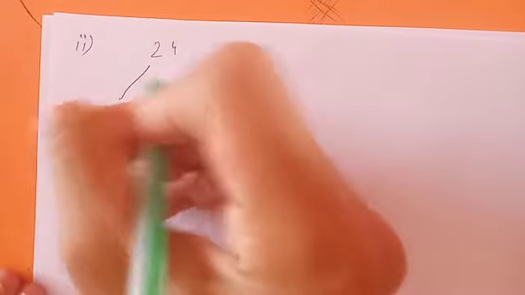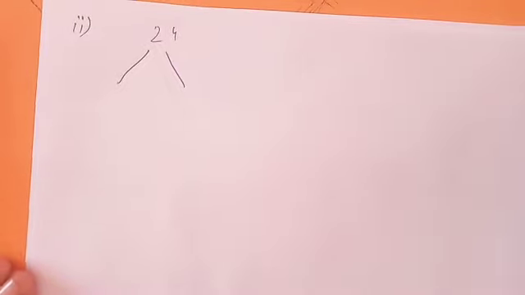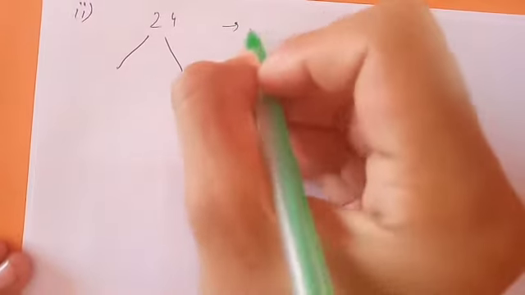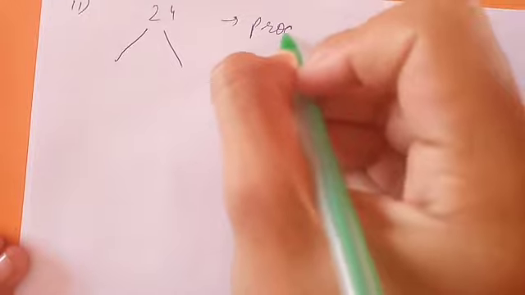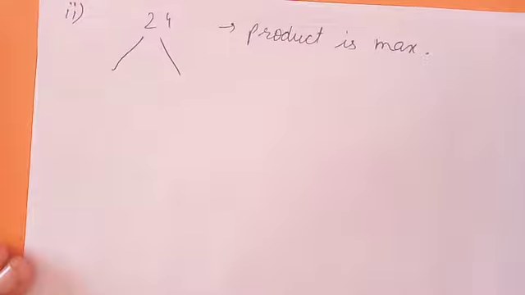Okay, understood. Now the second part is also the same, but it asks: find two numbers whose sum is 24. Two numbers whose sum is 24 means 24 is divided into 2 parts, and whose product is as large as possible, means the product is maximum.